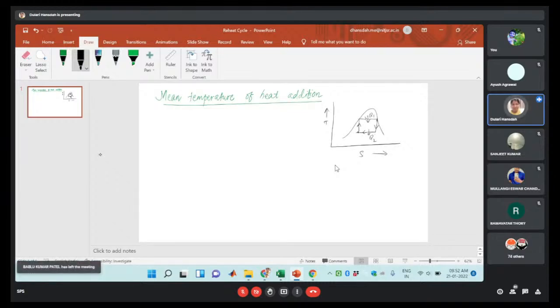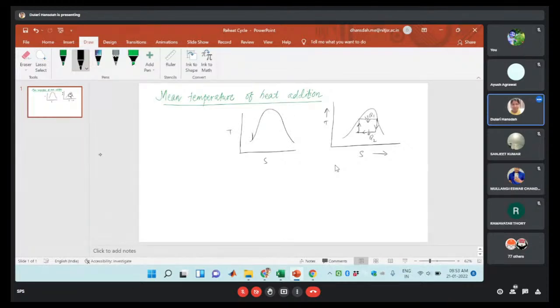If you observe in this case, the reversible adiabatic expansion and reversible adiabatic compression processes, these two are similar to those of the Rankine cycle. If you remember the Rankine cycle TS plot, it will look like this, right?